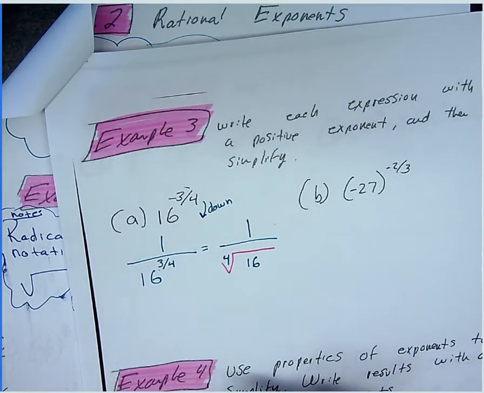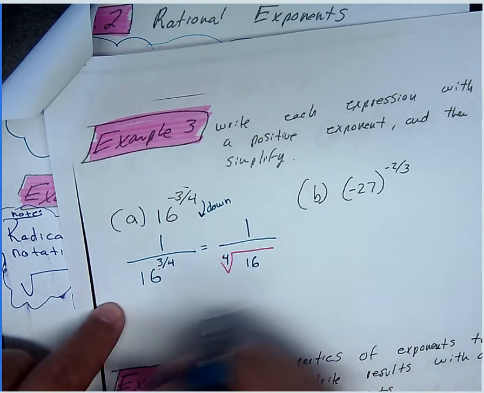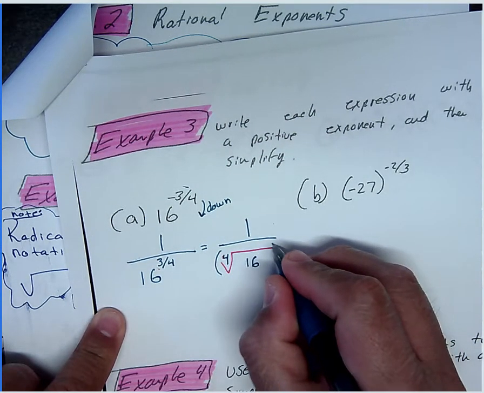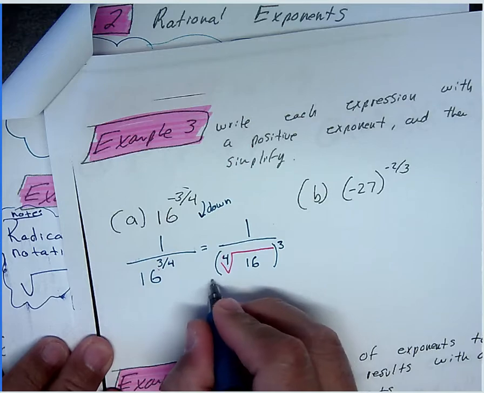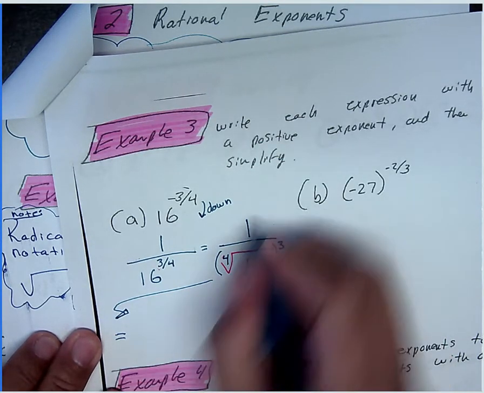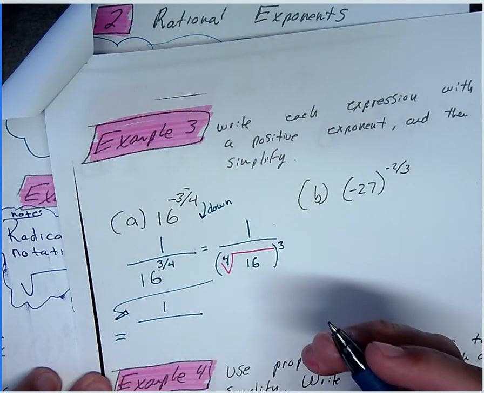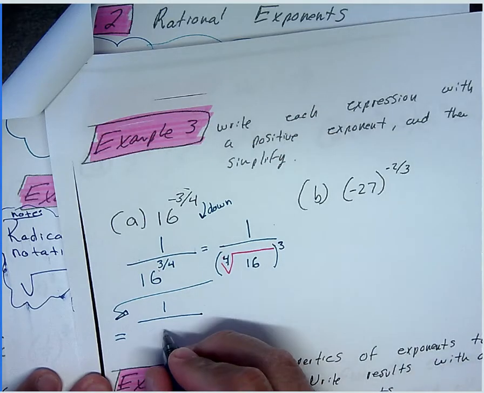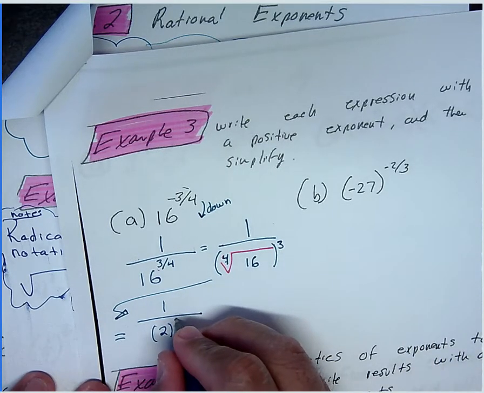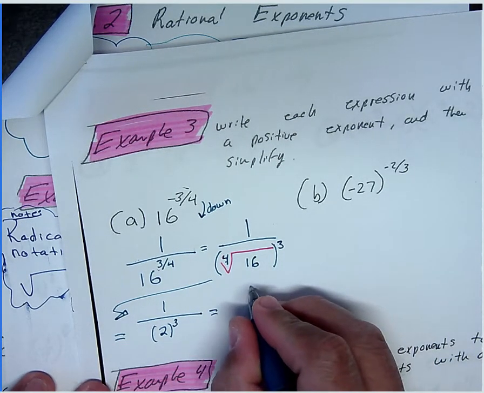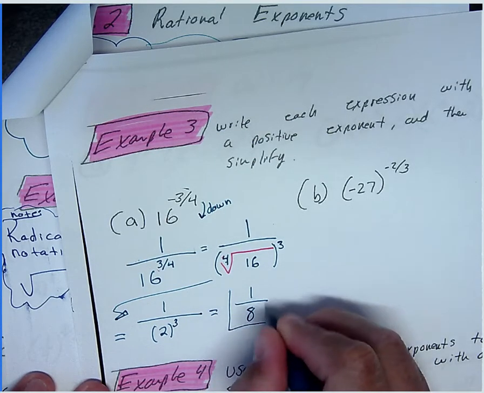And then that exponent, since we're dealing with numbers, it's easier to work with the root first, so I'm going to put the exponent outside like that. So you still have the 1 on top over the 4th root of 16. A number that you multiply 4 times that will give you 16, we know is 2. And you still have that 3 outside. So it would be 1 over 2 to the third power, which is 8. So 1/8 is the answer for this one.